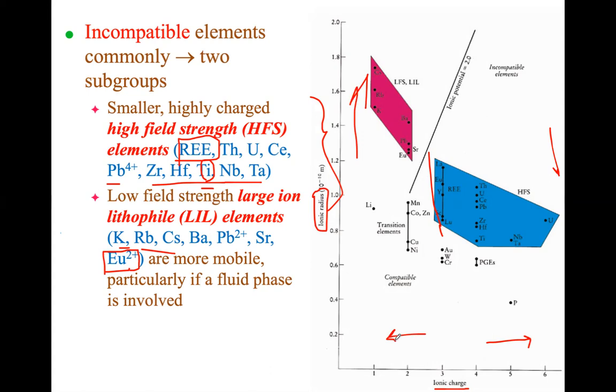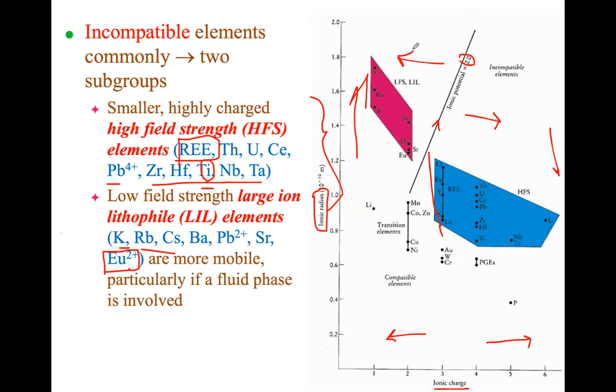We define ionic potential as the ionic radius divided by ionic charge. When the number becomes 2 here, this line separates the low field strength elements and high field strength elements, two categorizations, right?